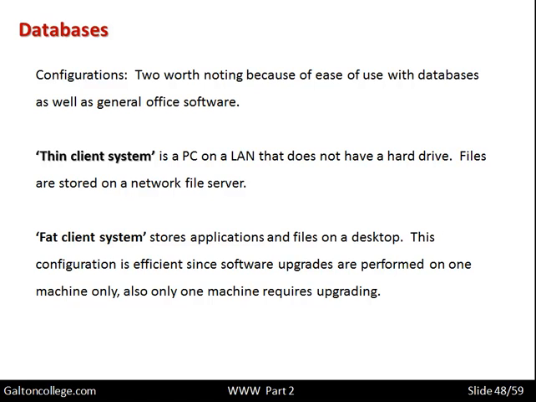So a fat client system stores applications and files on a desktop or a laptop. And if other systems are connected to it, then of course once the software has been updated and any errors have been removed, anyone else connected to it will have the advantage of being able to use that software and knowing that it's already been updated.